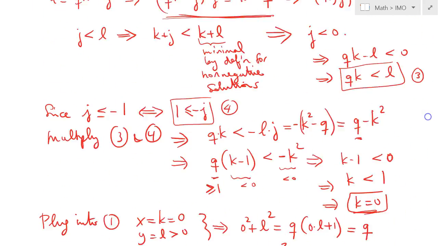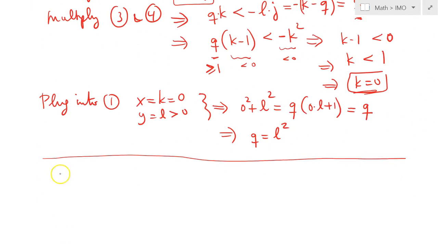So let's rewrite that. We have that x squared plus y squared is equal to q times xy plus 1. This was equation 1, if you remember.